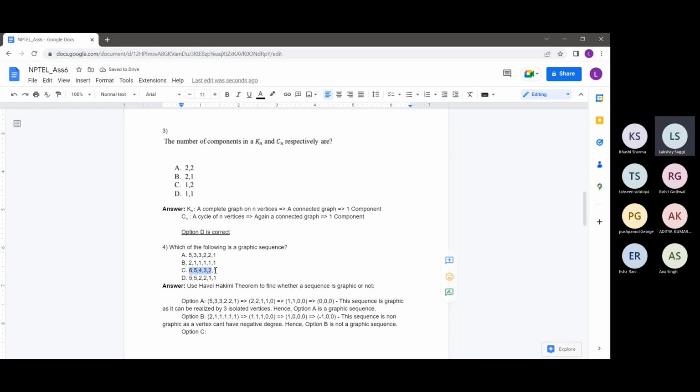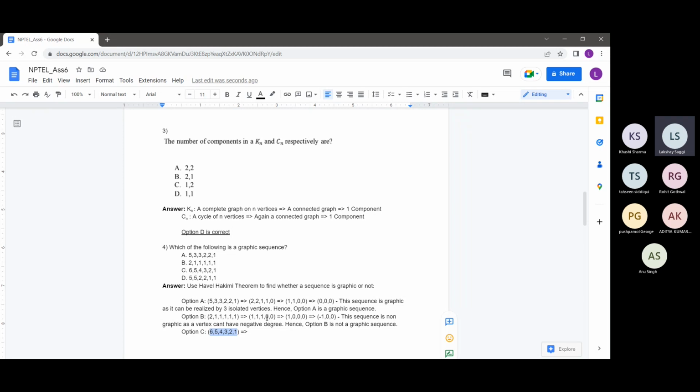This is option C. So always, guys, the main part which I want to focus on is this: everyone will be able to apply the Havel-Hakimi theorem generally. The theorem itself is not too difficult, but a lot of people make the mistake of not ensuring that the degree sequence is in non-increasing order.